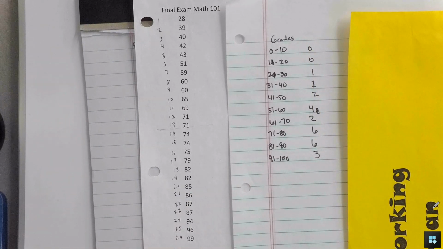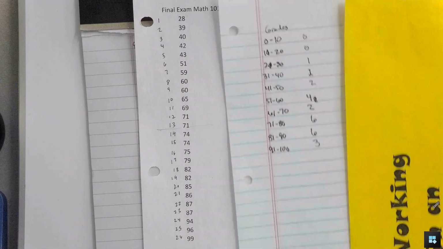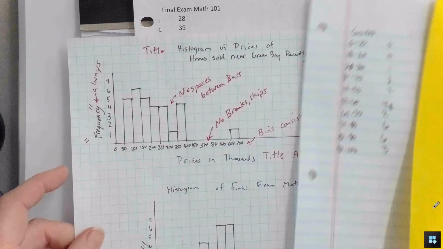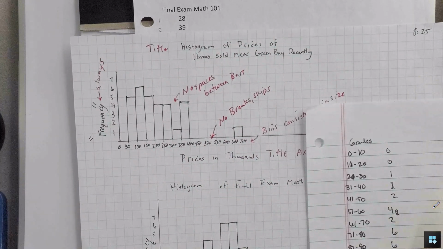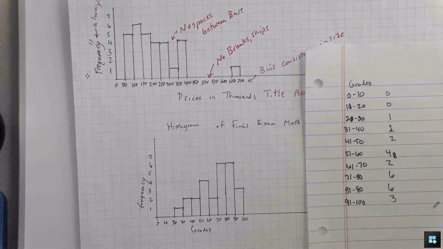So here's my bins, okay, 0 to 10, 11 to 20, and so on. And when you know how many go in each category, then you can make the graphs.